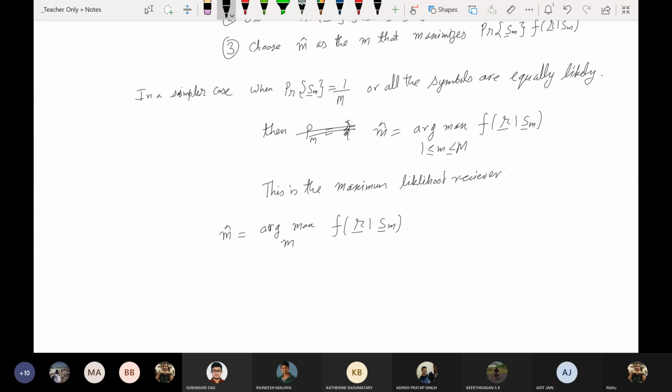Now in the Gaussian case, aren't we missing out the 1 by M term? 1 by capital M, how does that make a difference? That's a capital M. That won't make a difference. You want me to solve the general case?